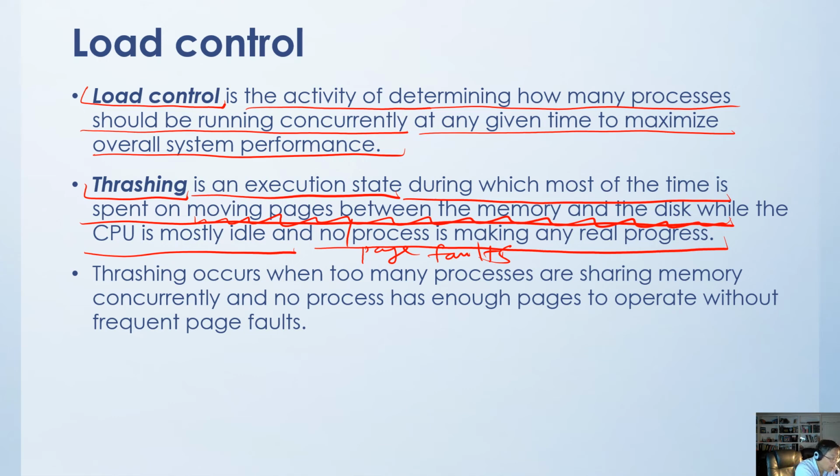As we mentioned, thrashing occurs when too many processes are sharing memory concurrently and no process has enough pages to operate without frequent page faults. So eventually, all the CPU time is spent on page faults instead of doing meaningful work. That's called thrashing.